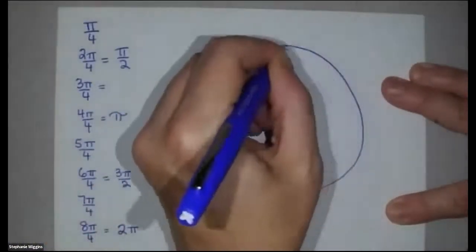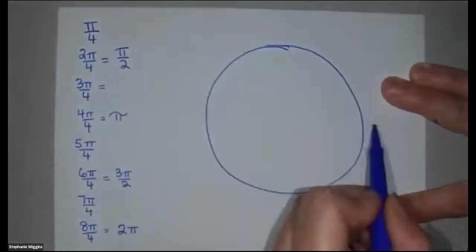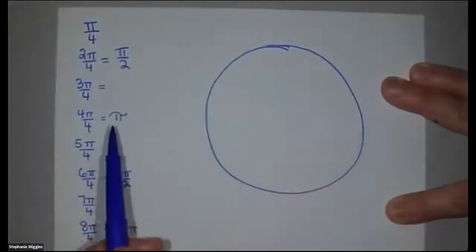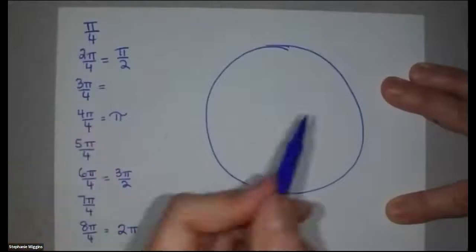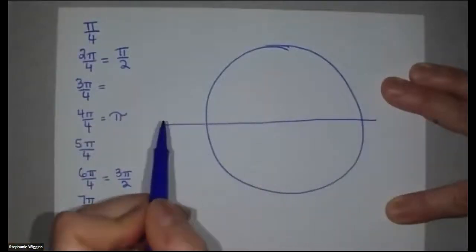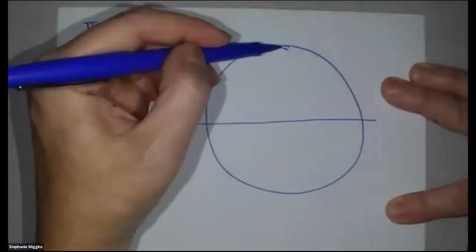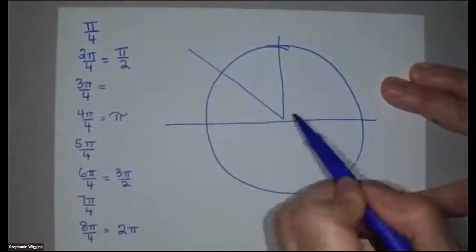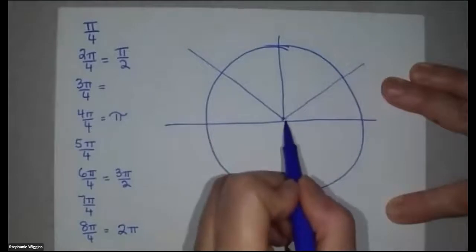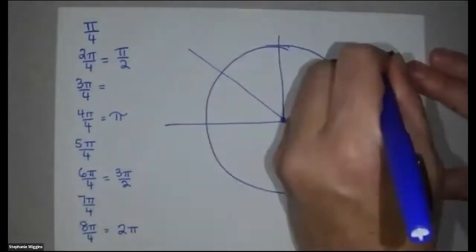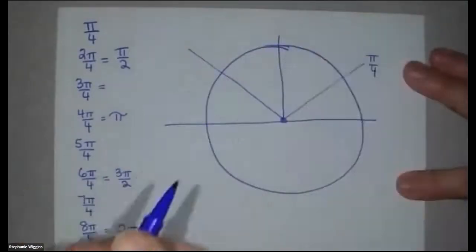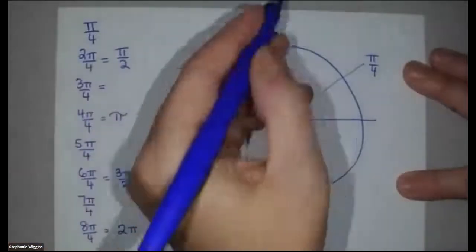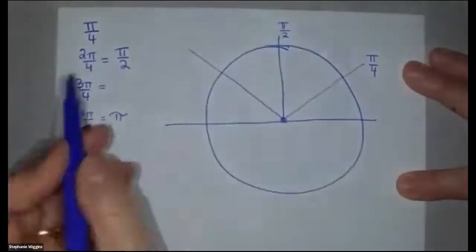Okay, the reason why I do the half circle is because, remember, the half circle is your pi. Okay, so I'm dividing it into fourths. Pi, pi, pi. Okay, so this becomes pi over 4. The next one is pi over 2. That's this one here.